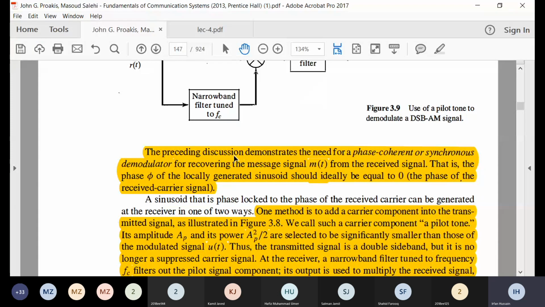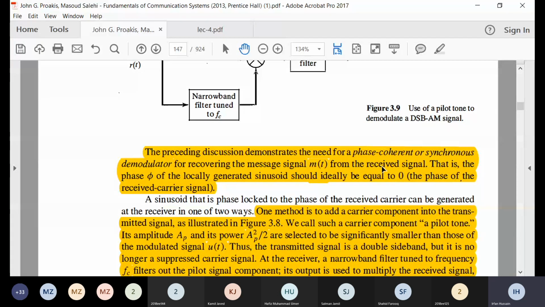And for that condition, we need a phase coherent or synchronous demodulator. That is, the phase of the locally generated sinusoid should ideally be 0 with respect to the received signal. They are both in phase, both phase coherent, both synchronous, they are synchronized.